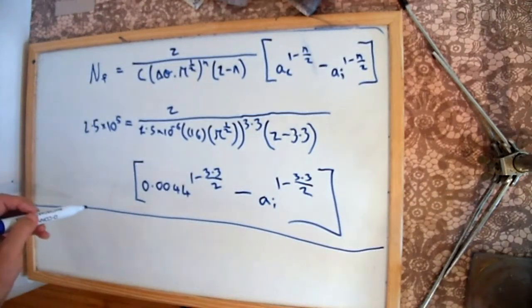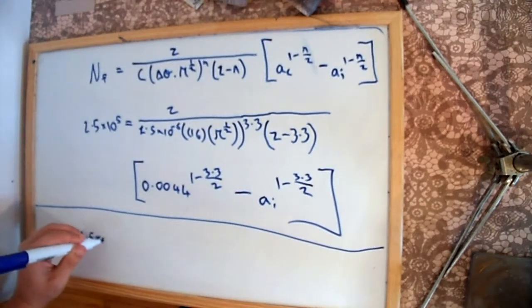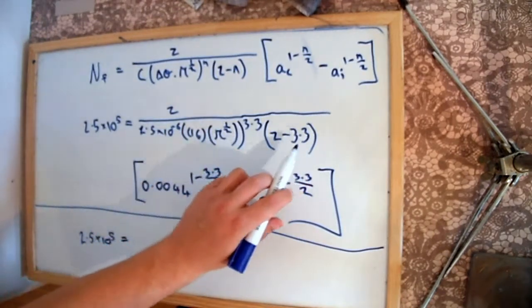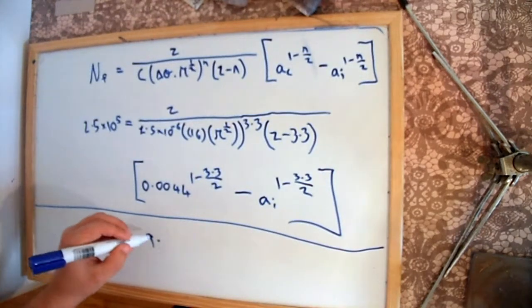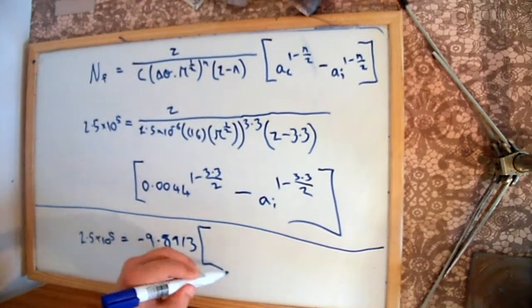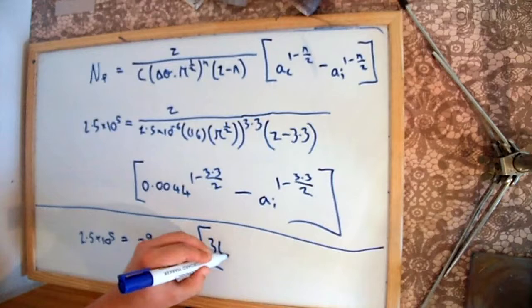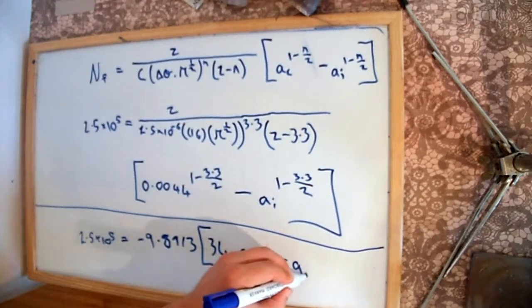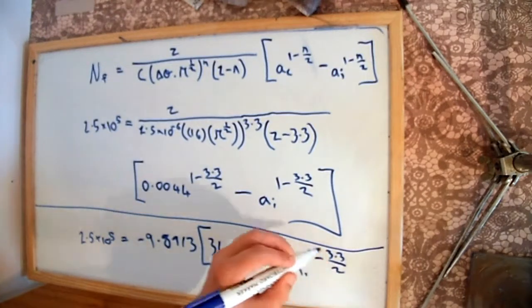So the next step is going to be below this line. So we're still going to have 2.5 by 10 to the 5 cycles, and when this is all calculated out, we end up getting minus 9.8913, and then when this is worked out, it ends up being 34.025 minus AI to the power of 1 minus 3.3 over 2.